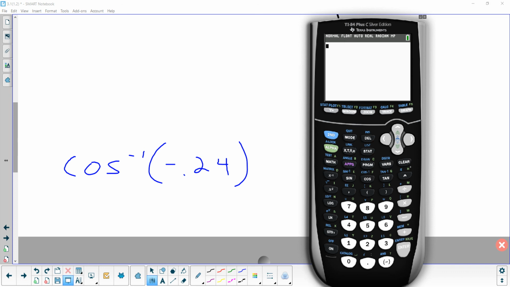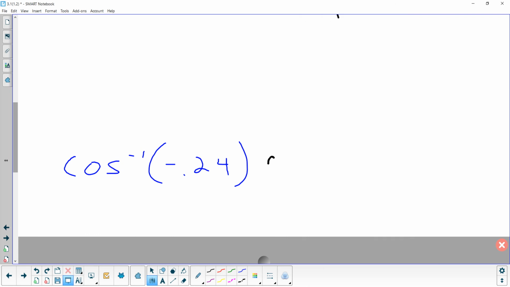So you have to make it degree, or no, it's already in radians. You just have to press inverse then cos. Yeah, and how do I get to the inverse? So second. Second, and yeah, then inverse cos, and then you type in the number. So I'm in radians right now, so this is going to give me an answer in radians, which is fine. 1.81.